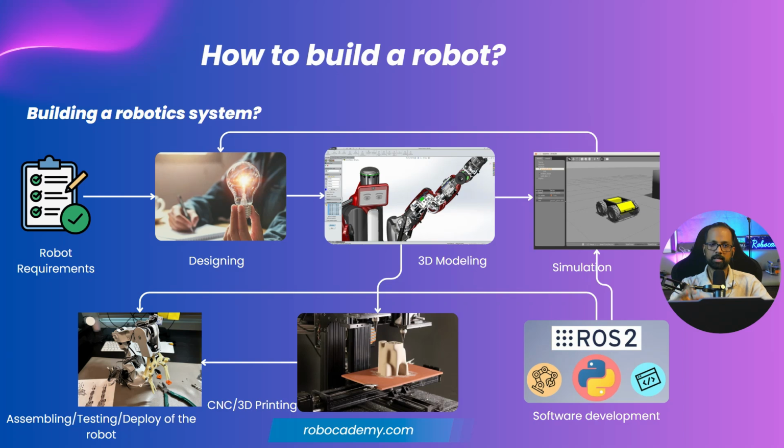Imagine that is the requirement, and in the requirement there can be a budget as well. This is the maximum budget that is allotted, and the robot size should be this. Each and every detail should be in the requirement. From my experience, when a client approaches, he or she will come with a set of requirements.